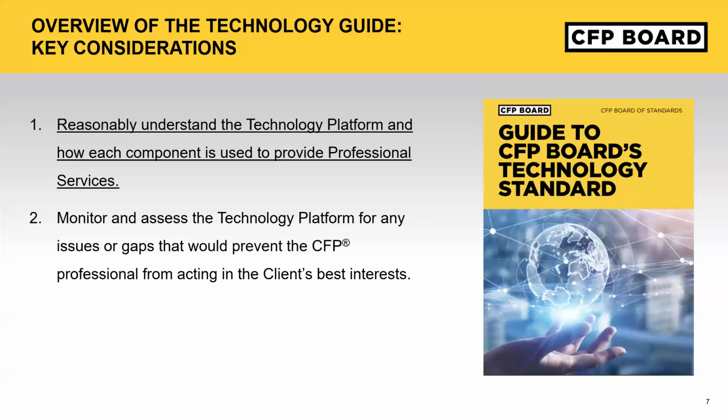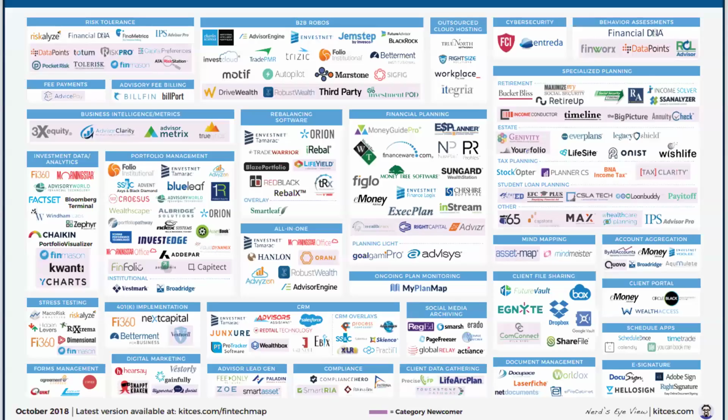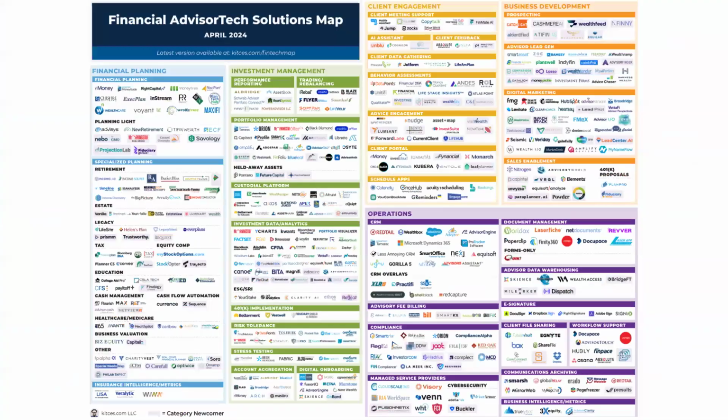So if we take a look at the next slide, this slide is from 2018 and was developed by Kitsis.com, and it's Advisor Tech Map. And it shows you about 31 different categories and then dozens of software solutions. And this is your technology platform, or what I might refer to as a tech stack. Now, as you take a look at the next slide of April of 2024, again from Kitsis.com, you'll see that there's now about 36 categories and even more software solutions.